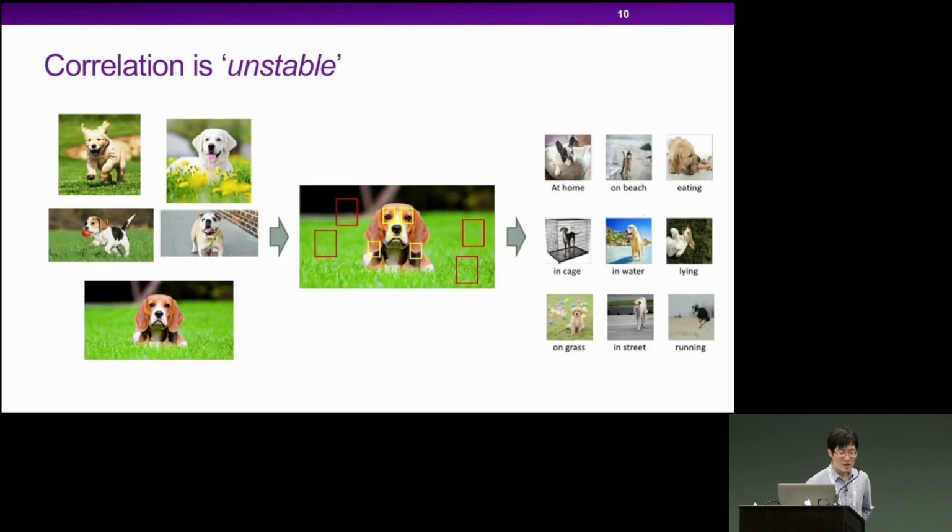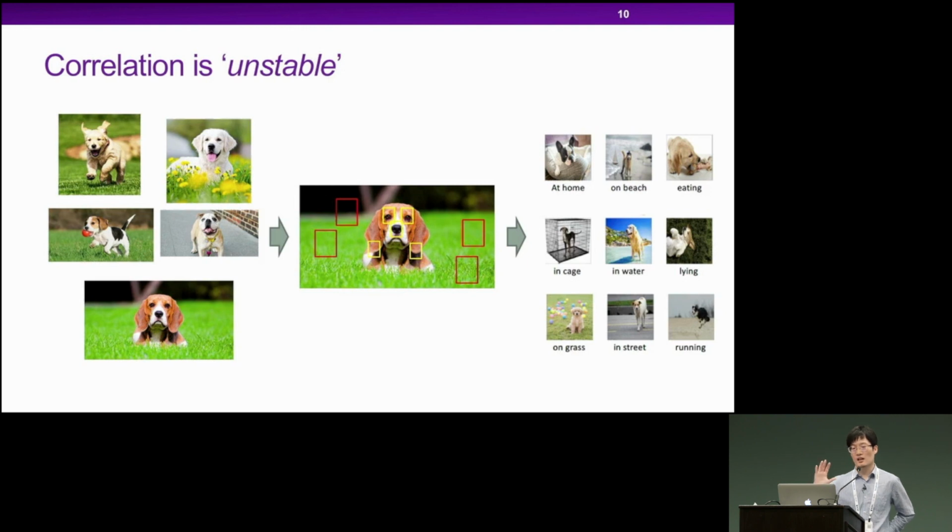The other one is that correlation is unstable. Here is just an example, right? Based on this kind of training data, you will find a very high correlation between the grass feature, the red boxes here, and the dog label, right?